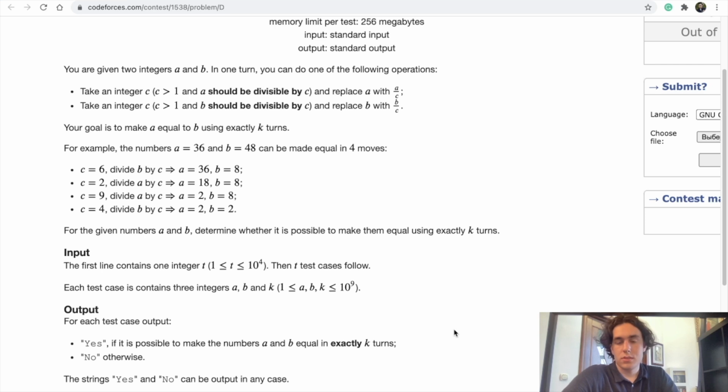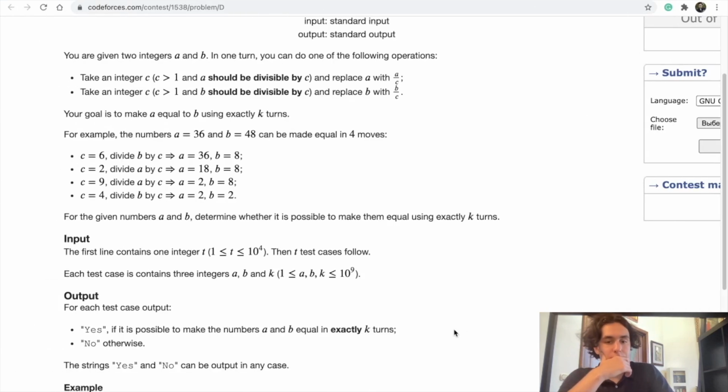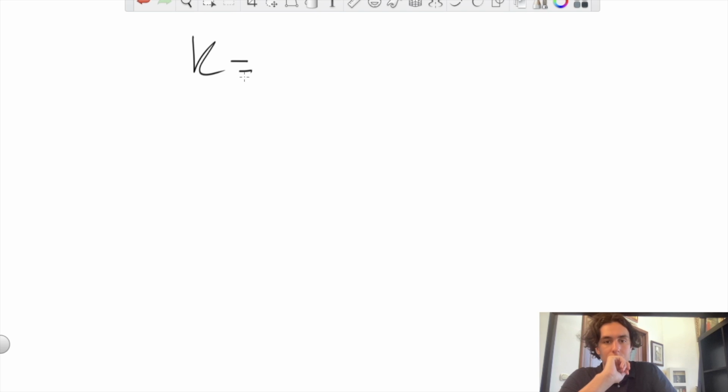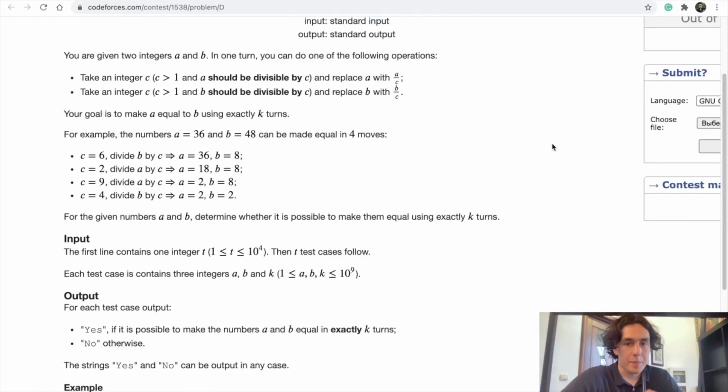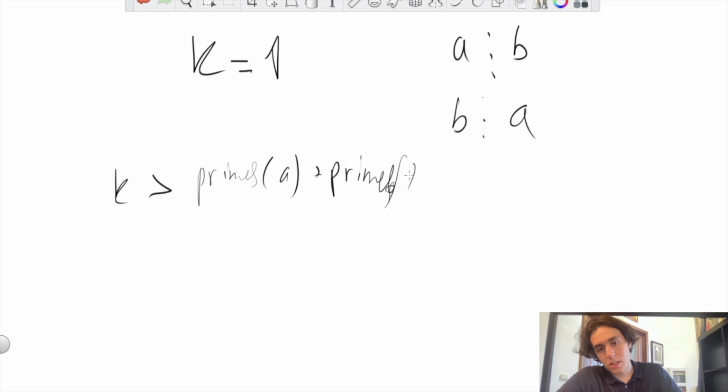So it's kind of always possible except some cases. Yeah, for example, if k is equal to 1, a should be divisible by b, or b should be divisible by a. If k is more than primes of a plus primes of b, it's impossible.